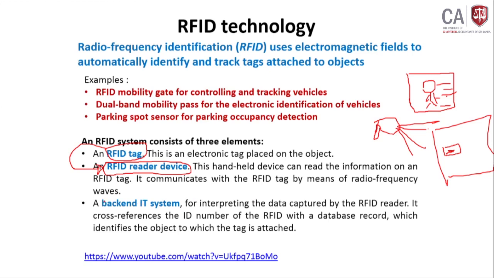Then there is a backend system. The backend system is for the information readable from this RFID reader to be taken into the system, and the system will have the other information stored there. That is how this RFID technology works.